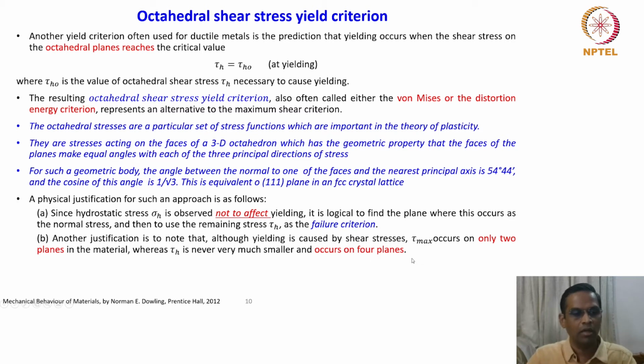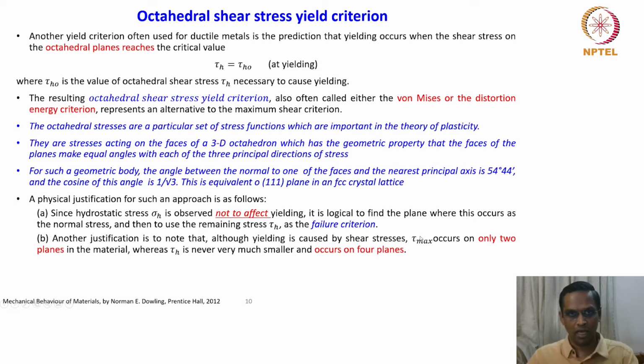You have to remember, although yielding is caused by shear stresses, tau max occurs on only 2 planes in the material, right? We have 2 planes, if you recall the image we have just discussed in the previous slides, where tau h is never very much smaller and occurs on 4 other planes.